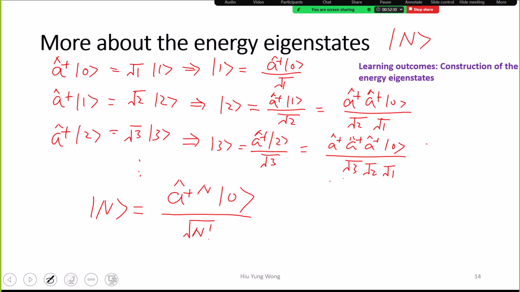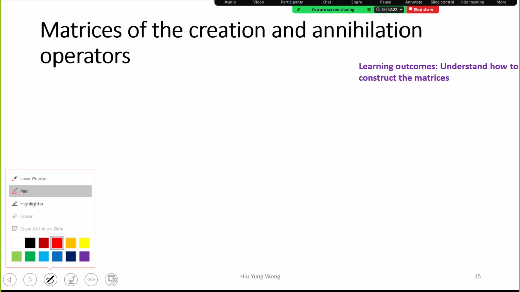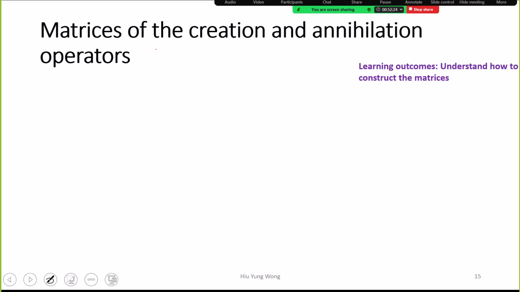Okay, these are just math. Now, go back to our question about the matrix of the creation and annihilation operator. If you want to write the matrix, the first thing you need to do is determine what the computational basis is. So, in the basis of n, right? You can have many different bases, but I decided to use n, the number of quanta, as the basis.